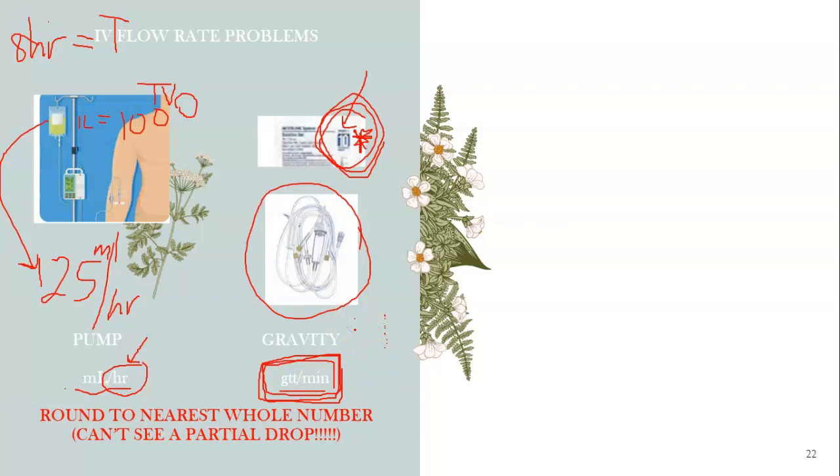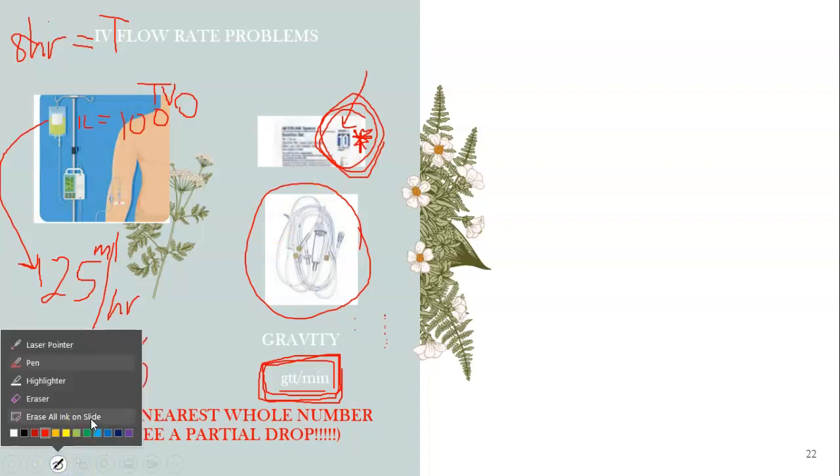If you only see drip, drip the whole minute that you're in the room, it's going really, really slow. Okay? Now, this number can be a 10, a 15, a 20, or a 60. So it's important to pay attention to what the drip factor is of the tubing that you are being given to use. All right, let's go look at what that looks like on a test question.